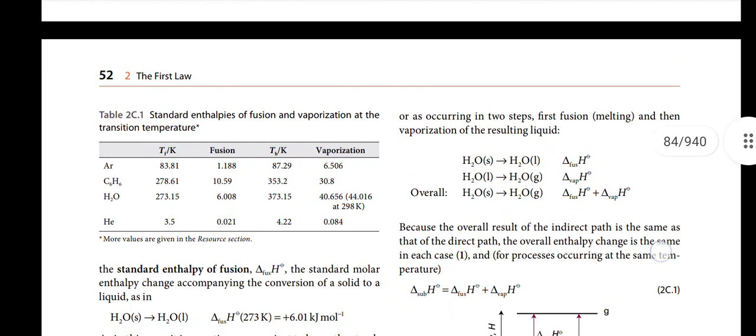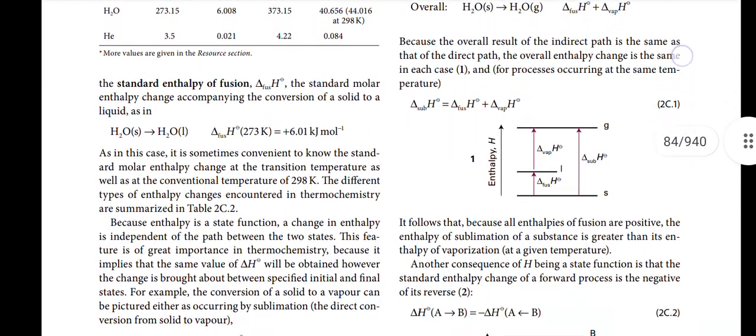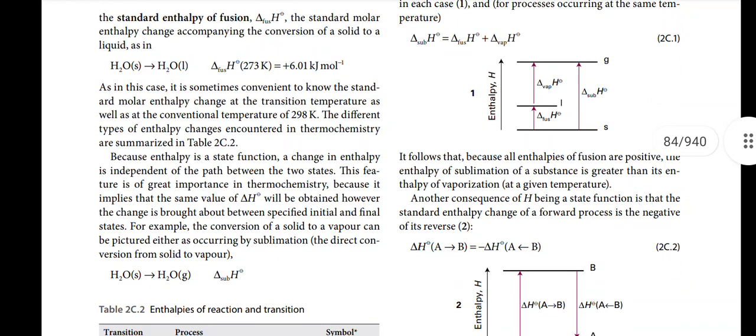Another is the standard enthalpy of fusion, delta H naught fusion, the standard molar enthalpy change accompanying the conversion of a solid to a liquid, as in H2O solid changes into H2O liquid, and the enthalpy of fusion at 273 Kelvin is plus 6.01 kilojoule per mole.